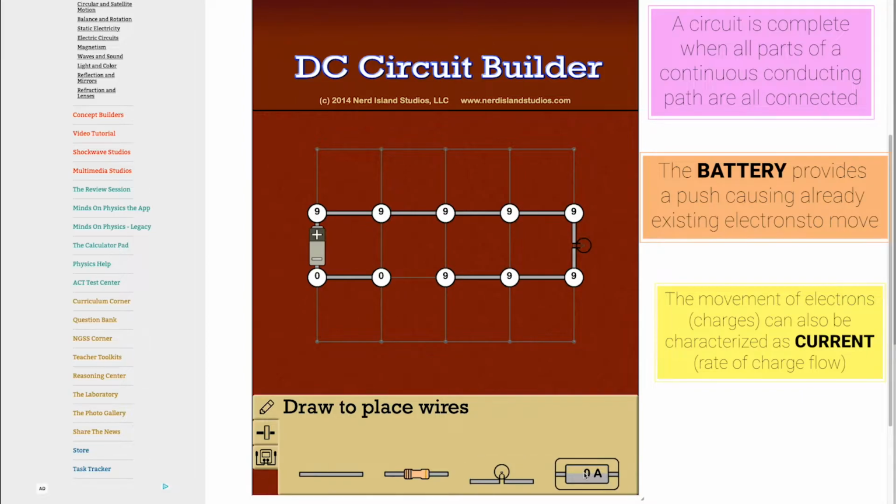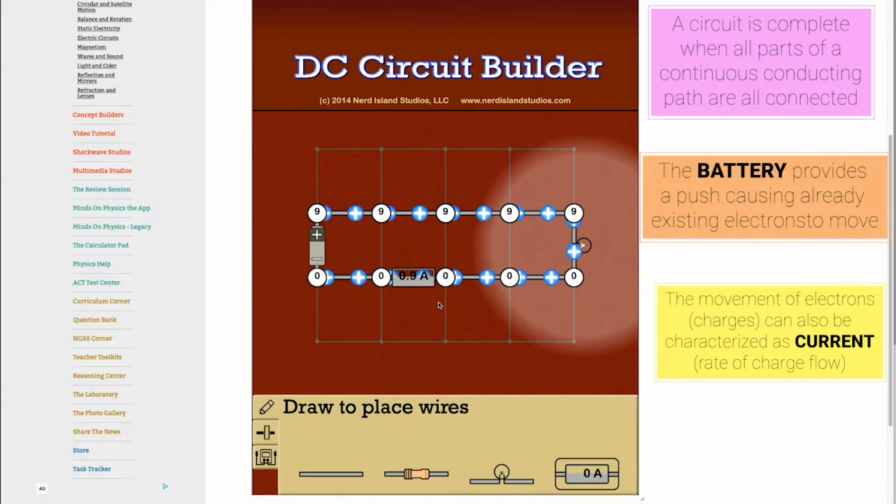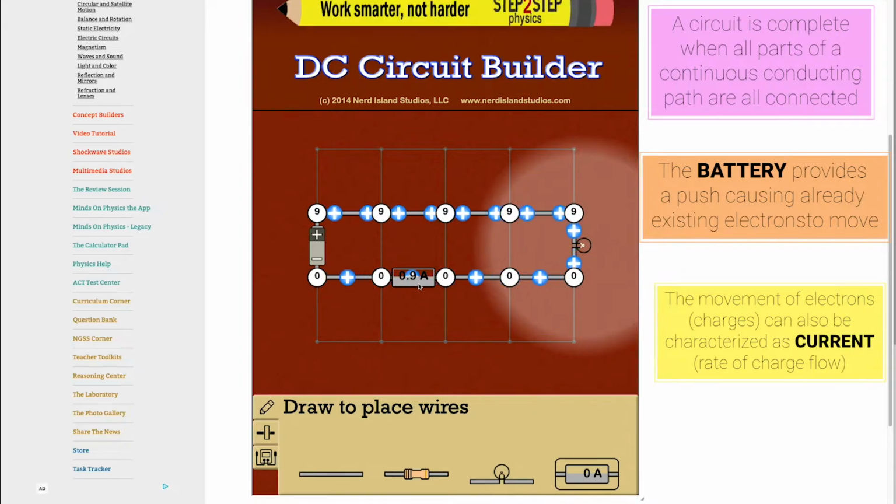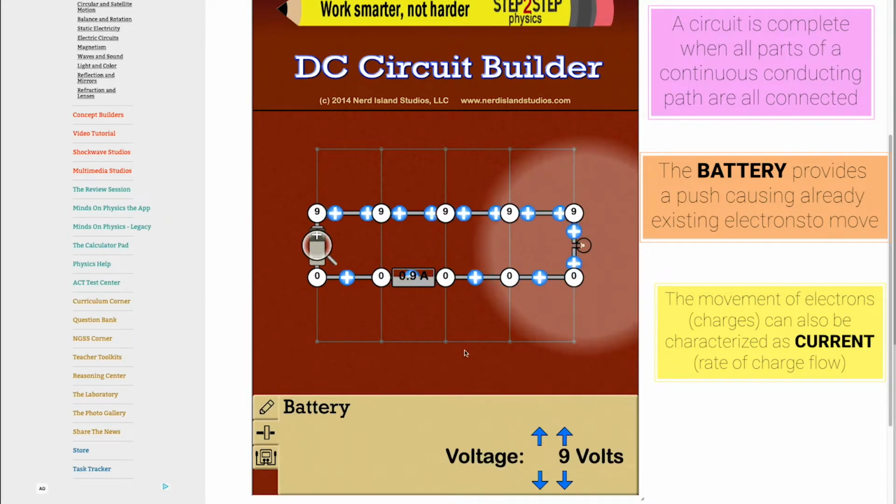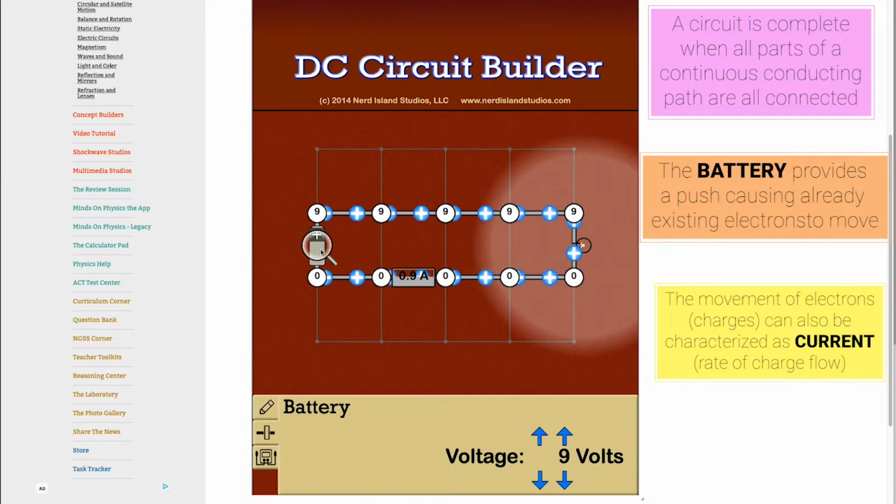We're going to use the ammeter right here, the one with the box, to measure what the current is. According to this, our current is at 0.9 amps. If we want to find out how much the battery is, we click on the battery, and there should be a magnifying glass that shows up.